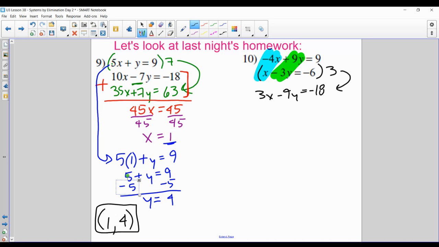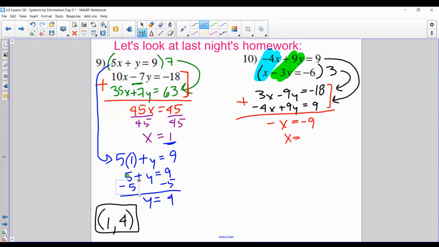Just to keep things easy, I'm just going to bring this other one down and have negative 4x plus 9y equals 9. Now I can add these two together. I'm going to get negative x. The 9y's eliminate each other, which is what we're trying to set up, equals negative 9. So x is equal to 9.